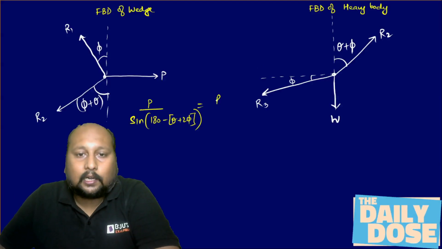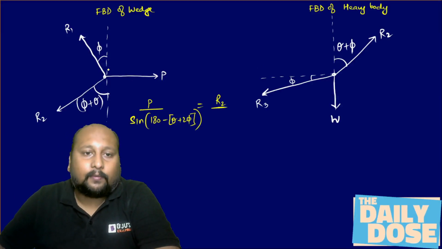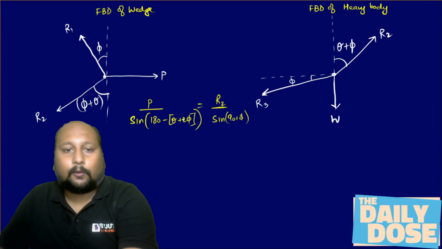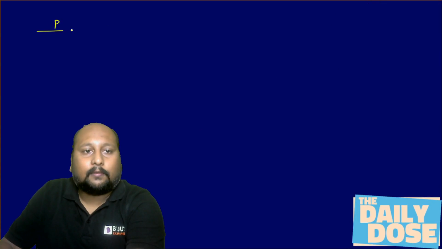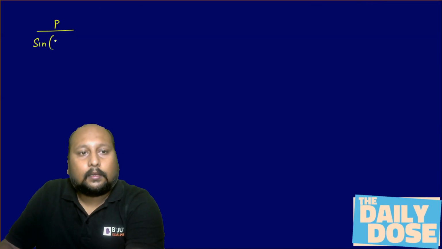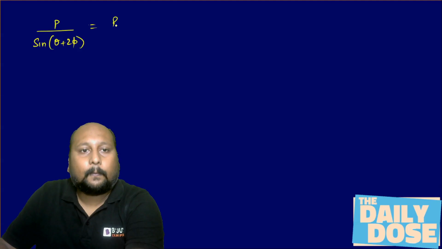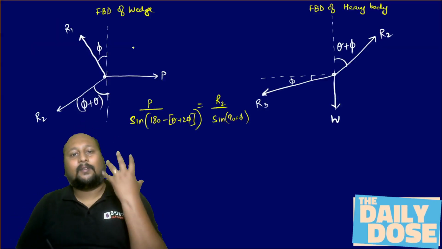Rewriting this equation, I get P divided by sine theta plus 2 phi is equal to R2 divided by cos phi. See, we got one relation between P and R2.